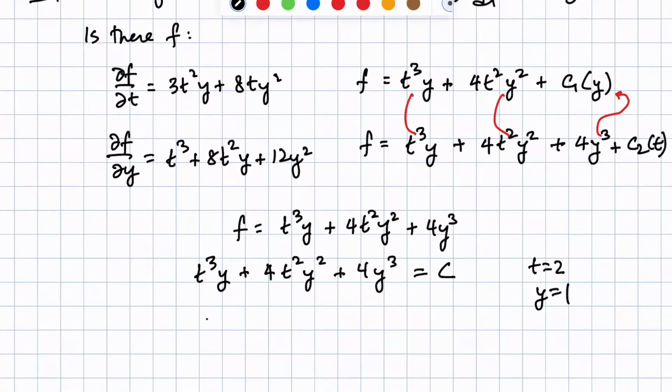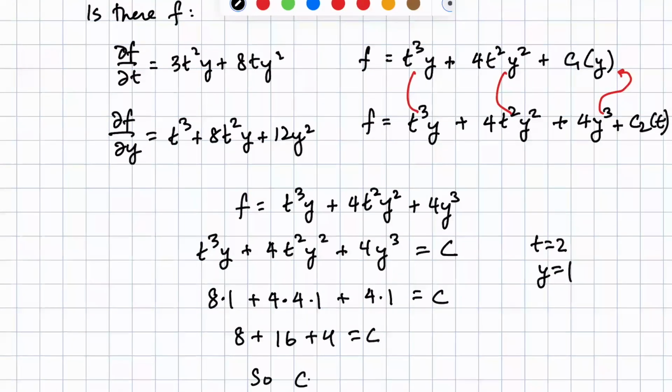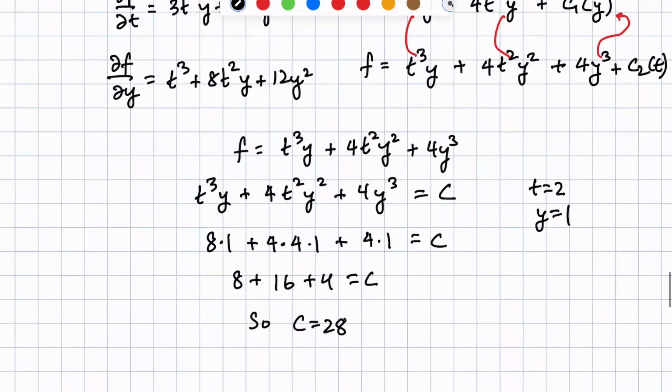Here's 2 cubed is 8 plus 4 times 1 plus 4 times 1 equals c. That's 8 plus 16 plus 4 equals c. So c equals 28. And our final solution is t cubed y plus 4t squared y squared plus 4y cubed equals 28.